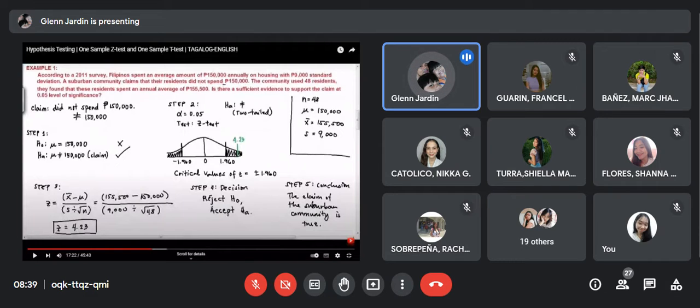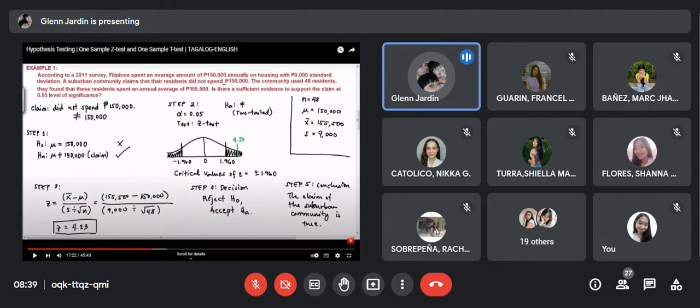So, yung pinakang boundary in which kung lumampas dyan sa guhit na yan, sa value na binigay, mamaya makita natin. Ito may mga shade nito, yung shade sa kabilang side. Kasi since it is two-tailed, yung shaded region is called the region of rejection. Dalawa kasi, kaya dalawang region yan.